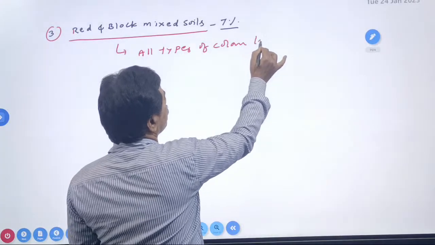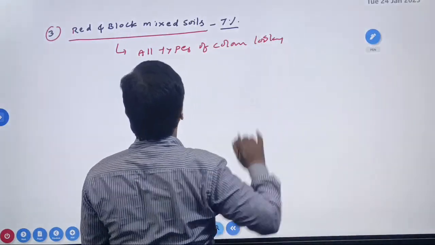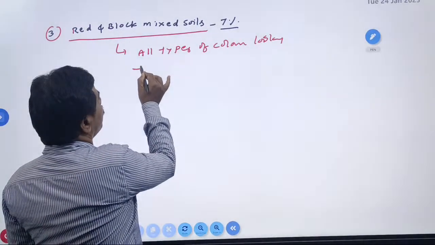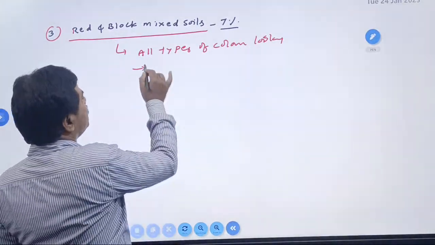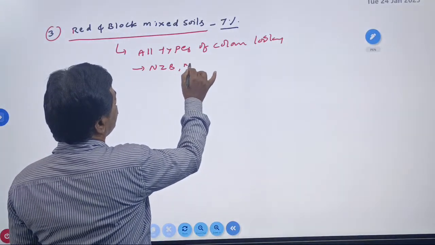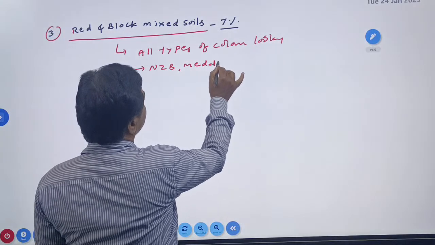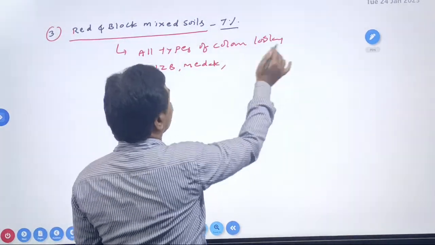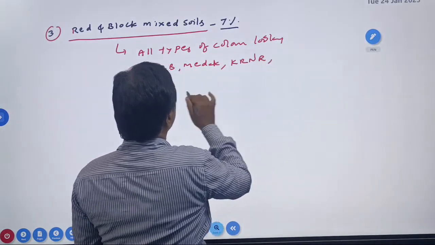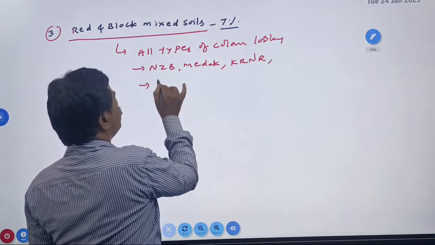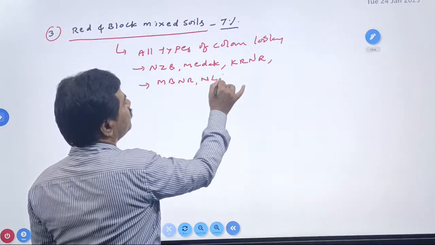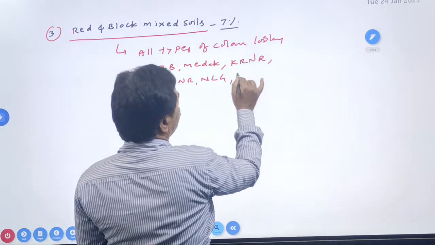It is maximum in Nizamabad, Medak, Karimnagar, and also Mahabubnagar, Nalgonda, Bhadradri.